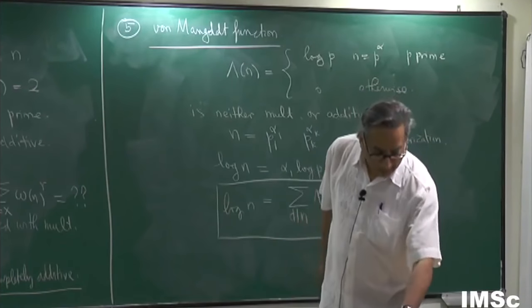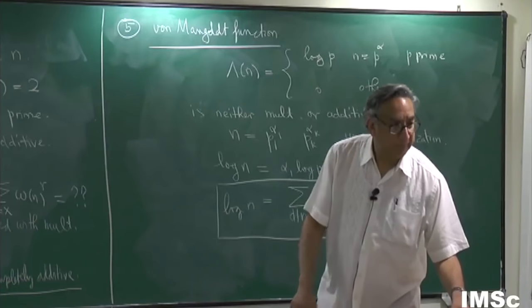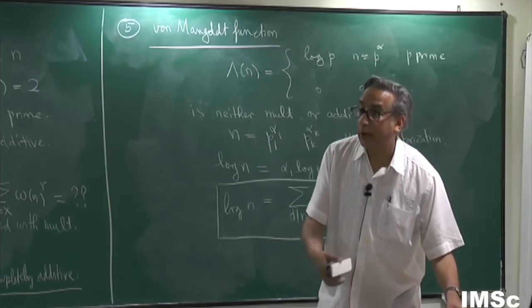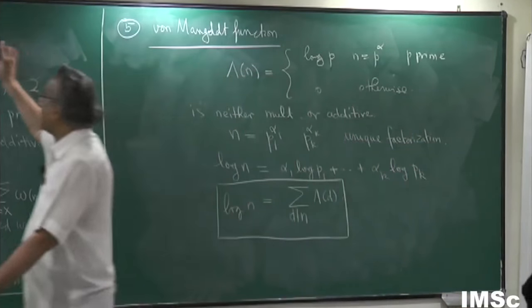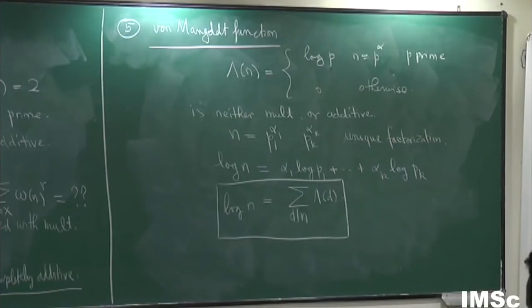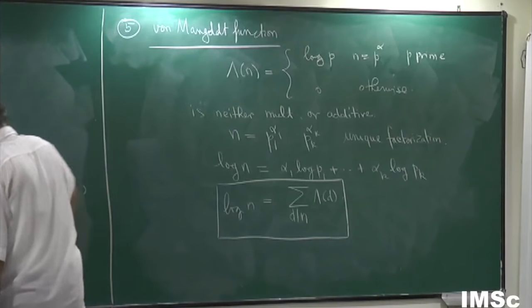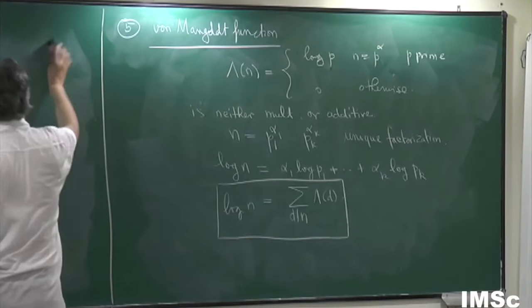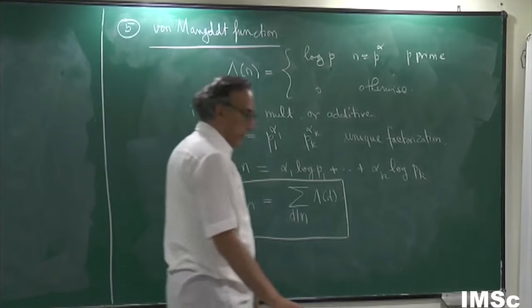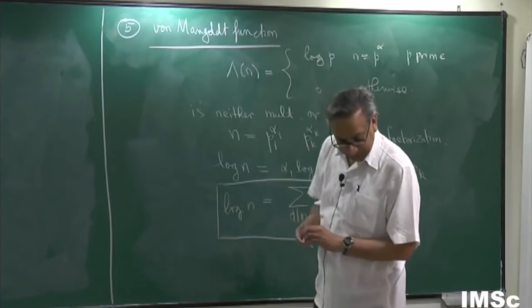So the whole chapter 1 is about arithmetic functions. I gave you a very quick introduction to chapter 1, and you can study it in more detail at your own rate, at your own speed. Okay, so that's a summary of arithmetical functions.